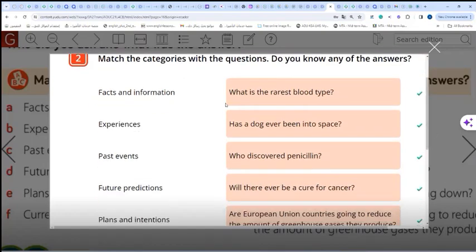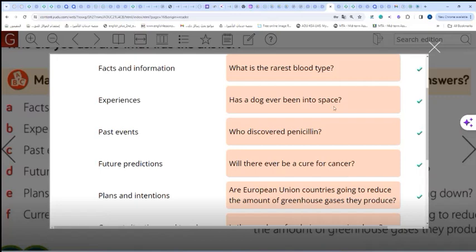So for facts, we used, for example, this: what is the rarest blood type is an example of facts and information. Has a dog ever been into space? Refers to experiences. Who discovered penicillin? Okay, means that it's a past event.